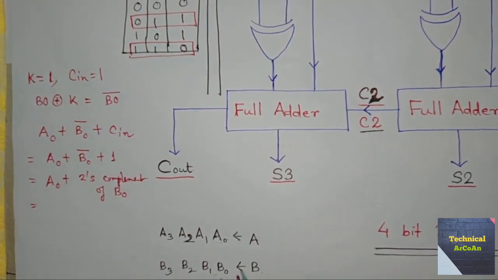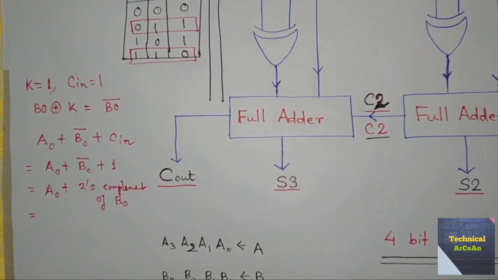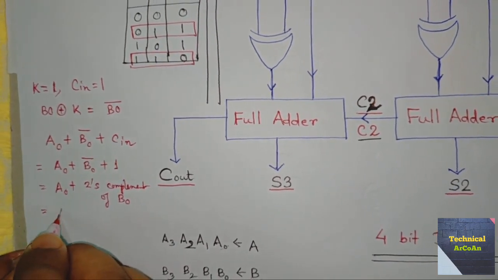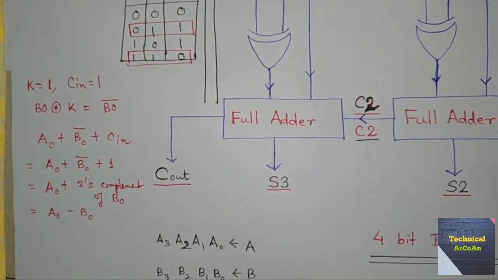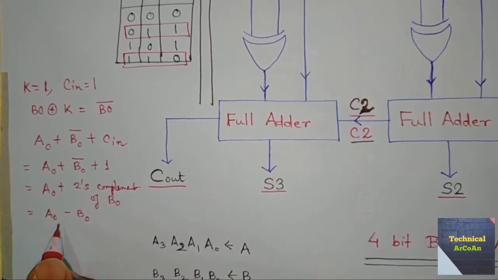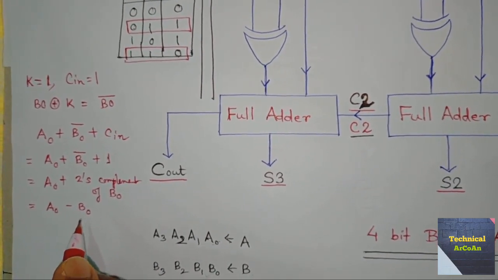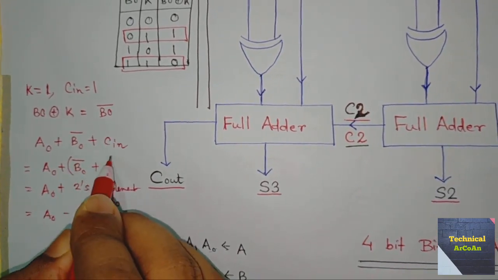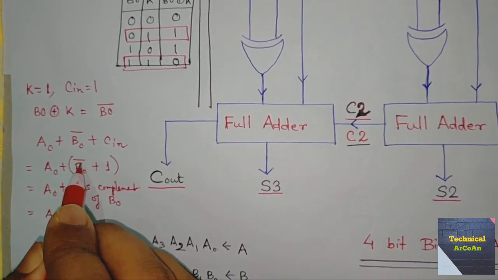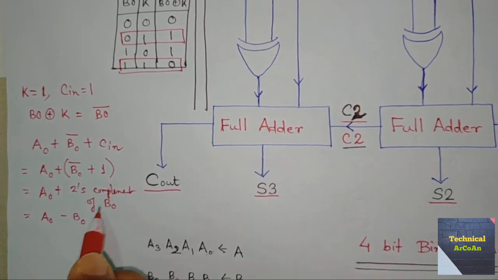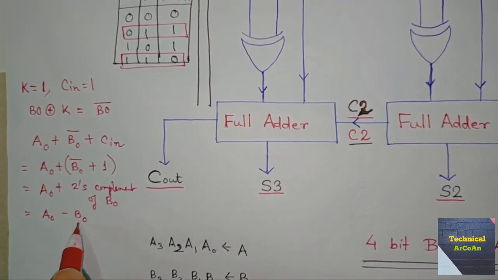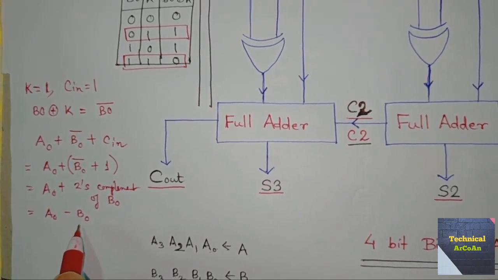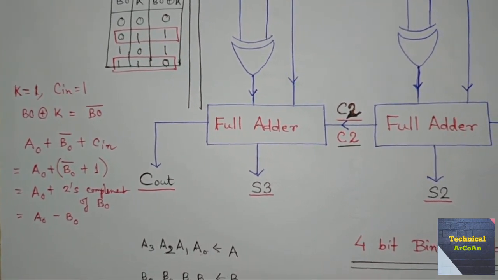Because we know a negative number is stored in 2's complement. In that case we can write A0 minus B0. This particular B0 complement plus 1 can be written as the 2's complement of B0, which is a negative number, so negative numbers are stored in 2's complement.